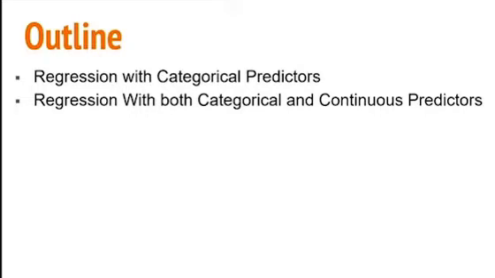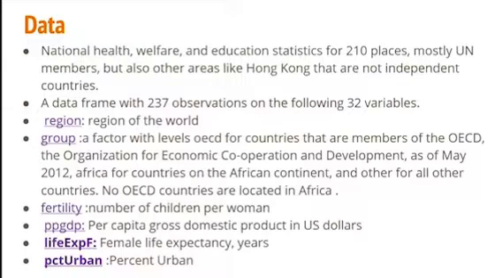So that is the idea behind that. I'm going to work with this data set today: the National Health, Welfare, and Education Statistics for 210 places, mostly United Nations members, but also other areas like Hong Kong that are not independent countries according to the way this is described.